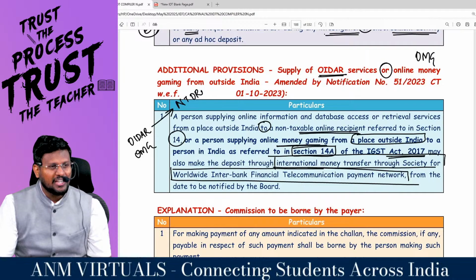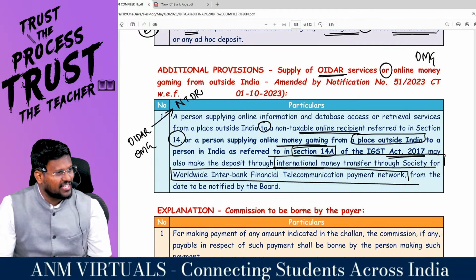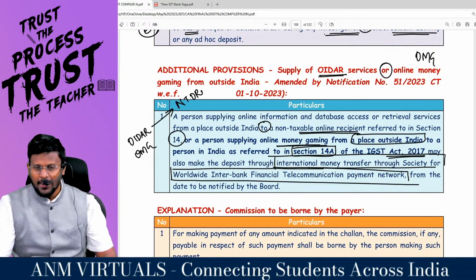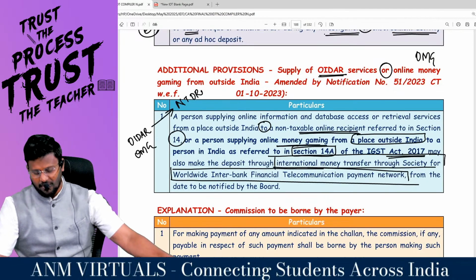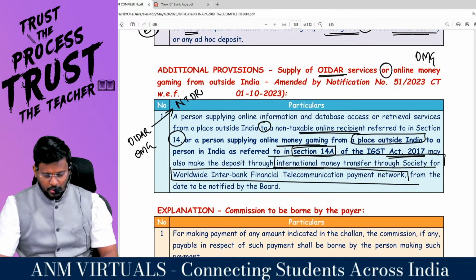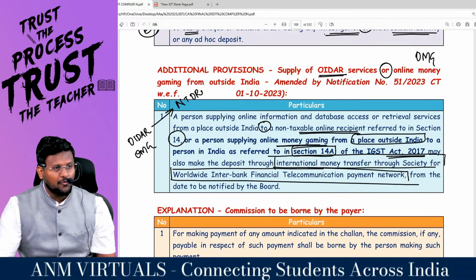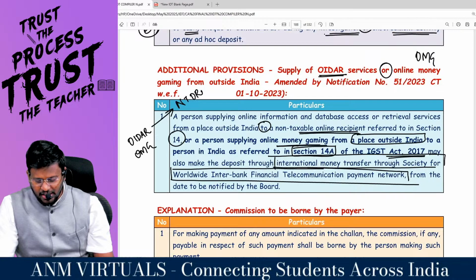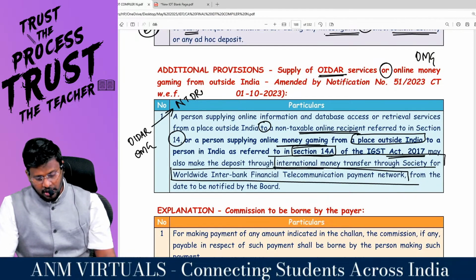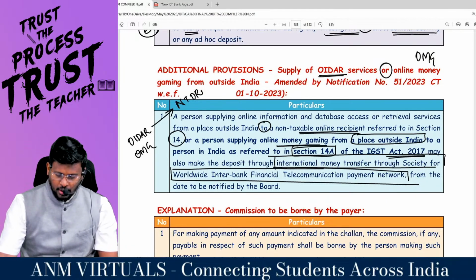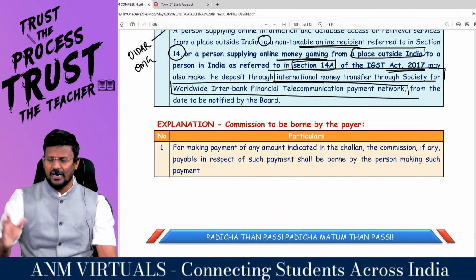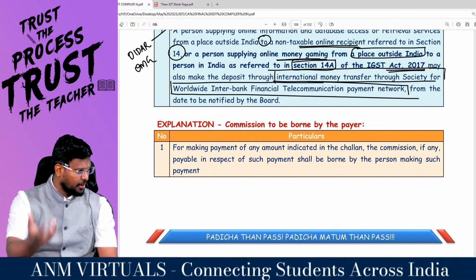So in addition to debit card, credit card, UPI, RTGS, IMPS etc., these guys can make the payment through international money transfer through the SWIFT payment network from the date to be notified by the board. The board will put a date that from this date onwards you can use this facility to make the payment.